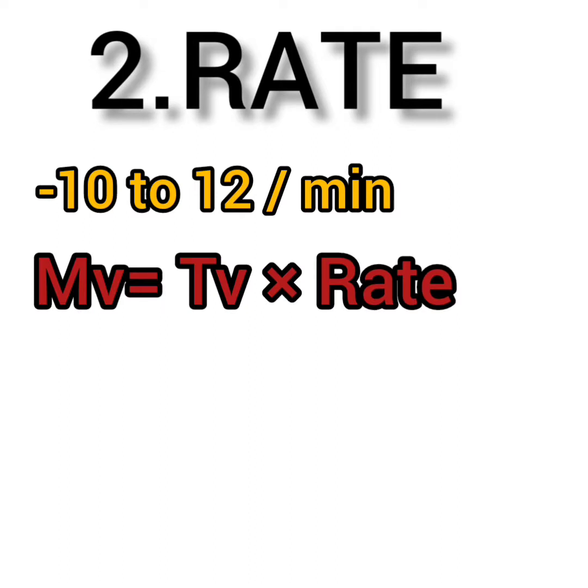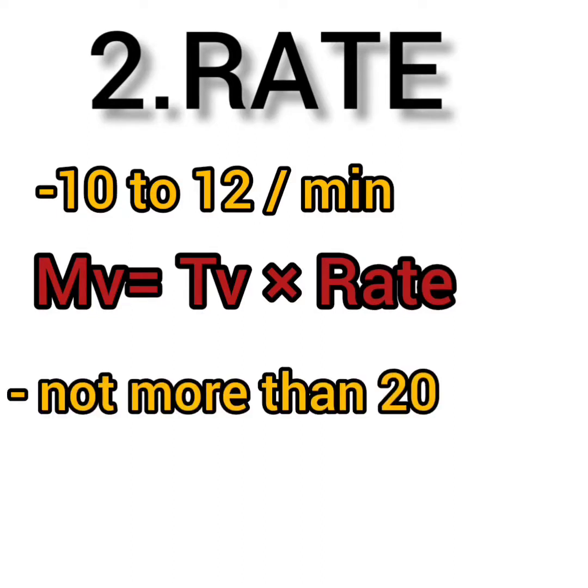Minute volume decides CO2 washout in the body. If PCO2 is low, decrease the rate. One more thing is the rate should not be increased more than 20 breaths per minute, because as the rate goes beyond this, the expiratory time decreases, so it will increase air trapping.